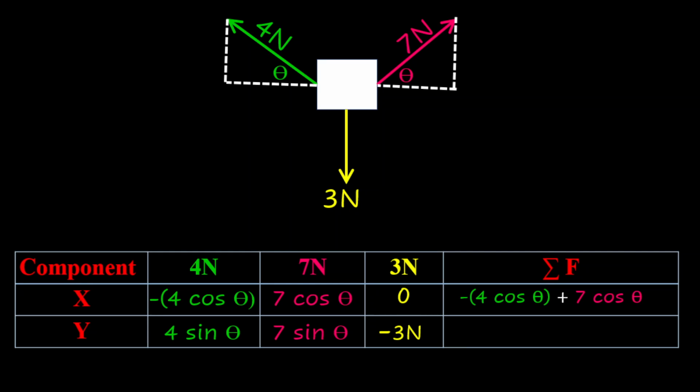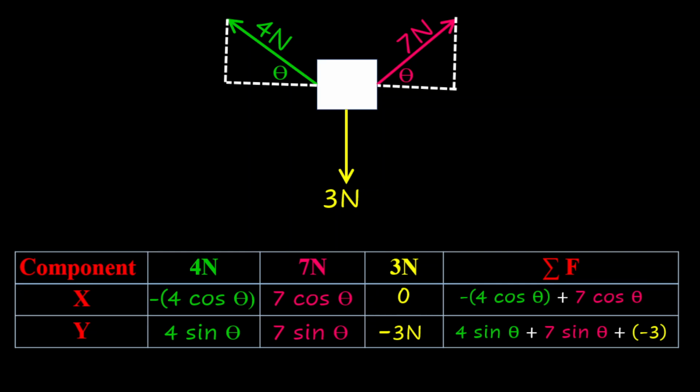All right, and so again, you do not need to put the 0 there, it's really a waste of time. And for the Y component, it is expressed as 4 sine theta plus 7 sine theta plus negative 3.